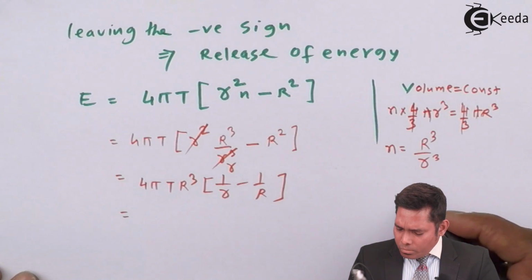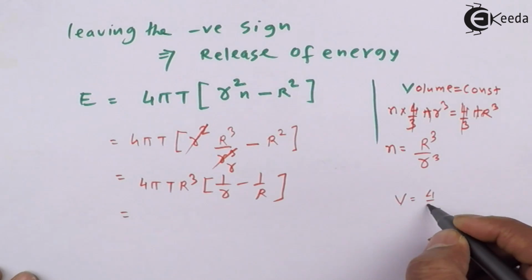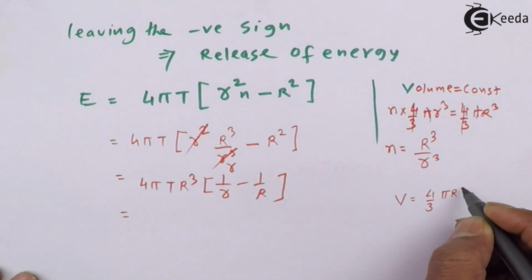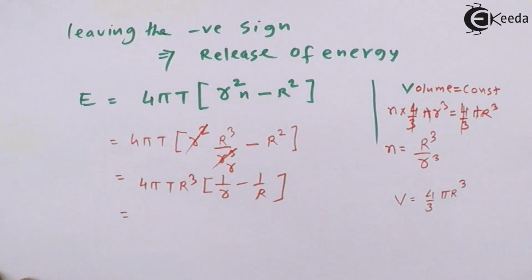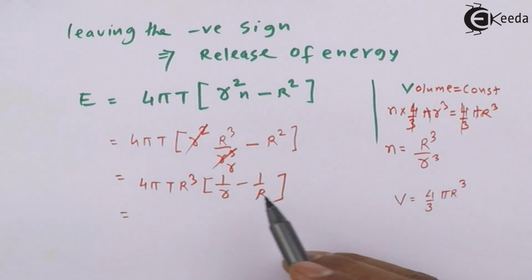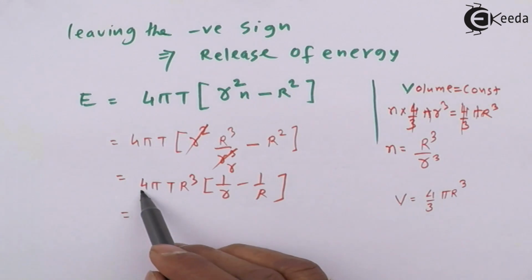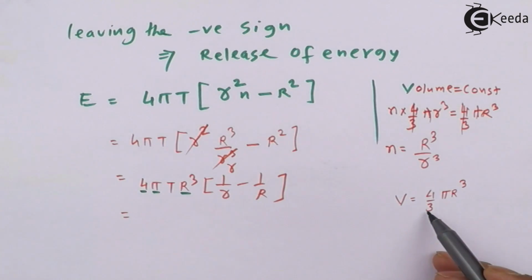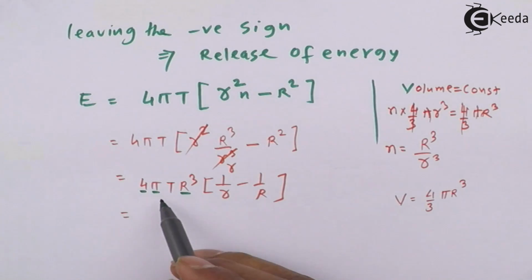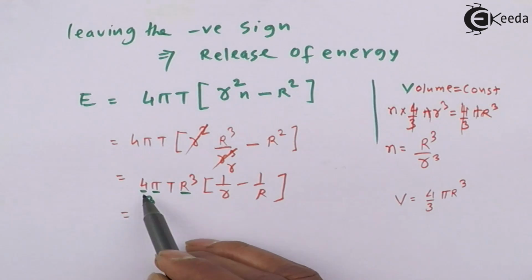V is the volume, which is 4 over 3 pi R cube. To introduce V in this expression, I find 4 pi R cube is there, but 3 is not there. So I'll just divide by 3 and multiply by 3 here.